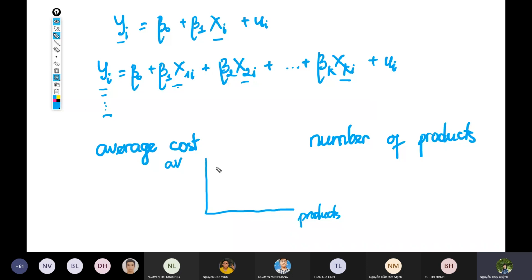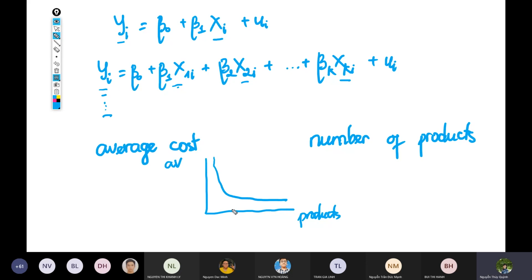then the average cost at first will drop significantly, but the rate of change will gradually decrease, like this. So the relationship between average cost and the number of products is not a linear regression model.